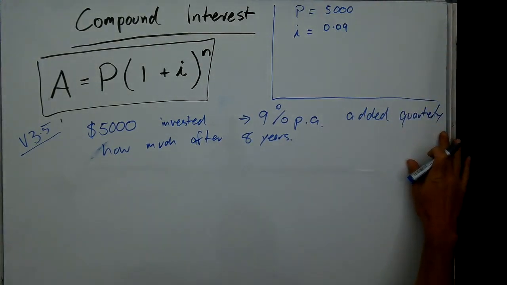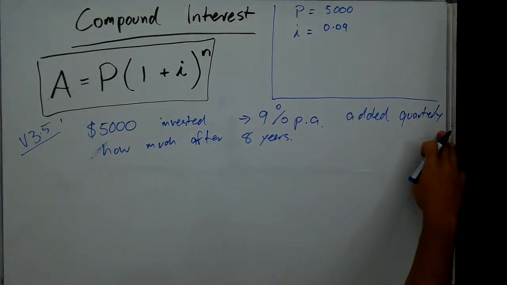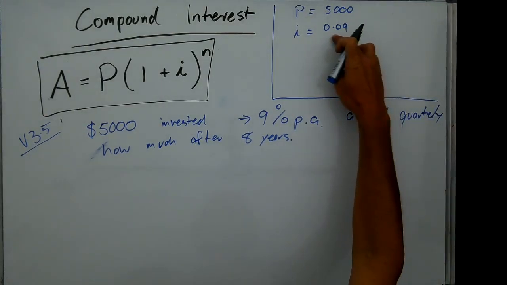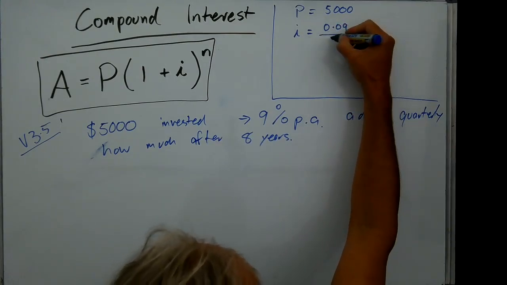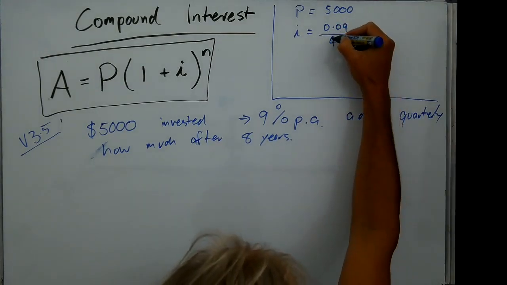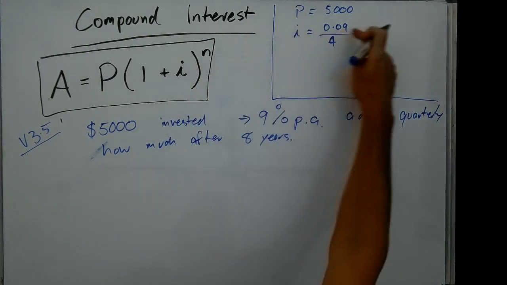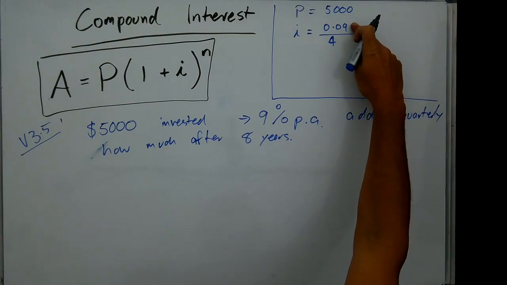And it's added quarterly. So quarterly means we're dividing the year into 4. But this is for a whole year. Per period, we just need to divide that by 4. So when I substitute I'm going to write 0.09 over 4.